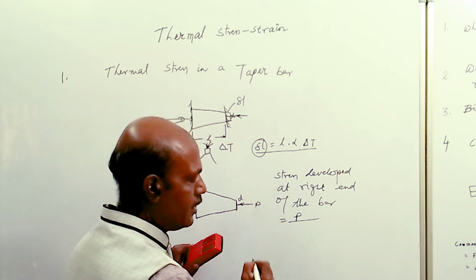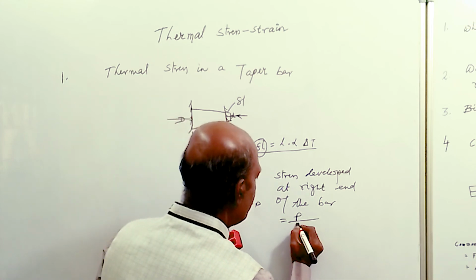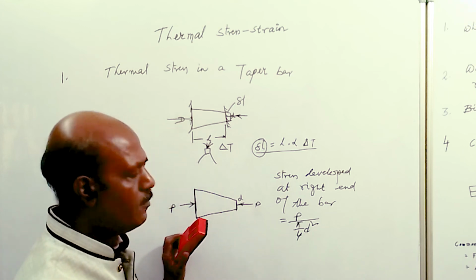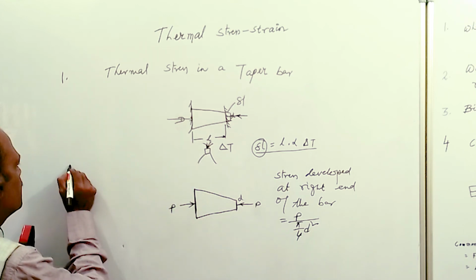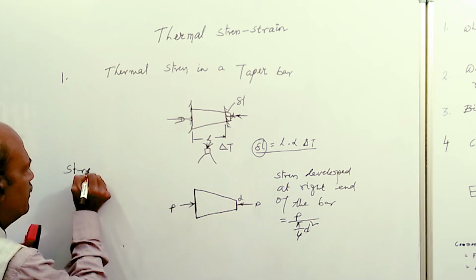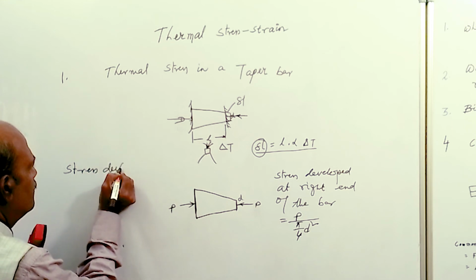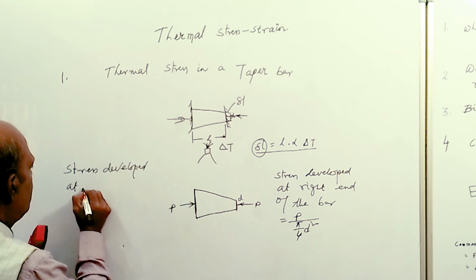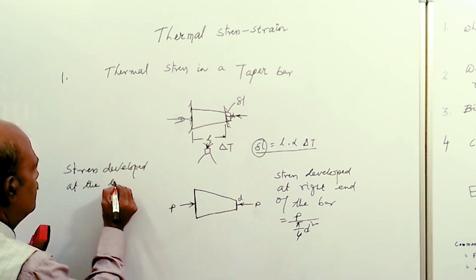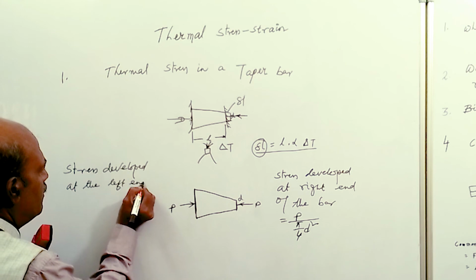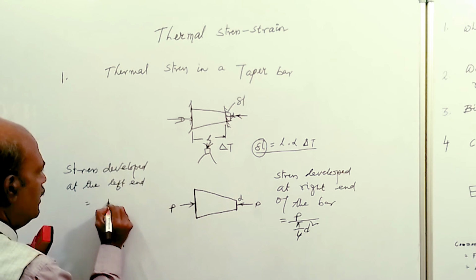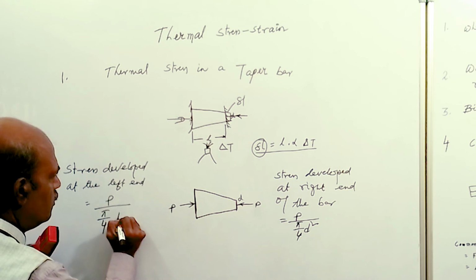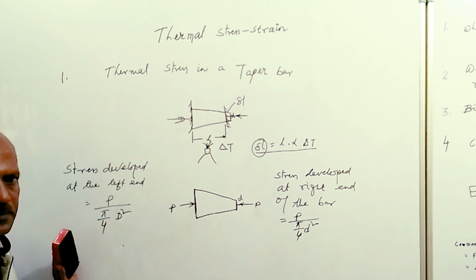Small d is the diameter at this end, so we can write pi by 4 into small d square. So this is the stress developed at the right end, and the stress developed at the left end is given by P by pi by 4 into capital D square.